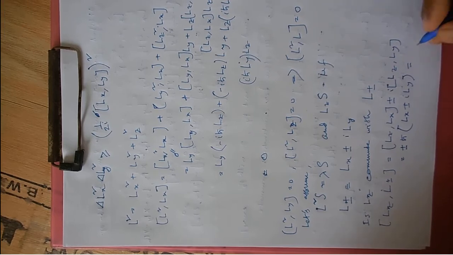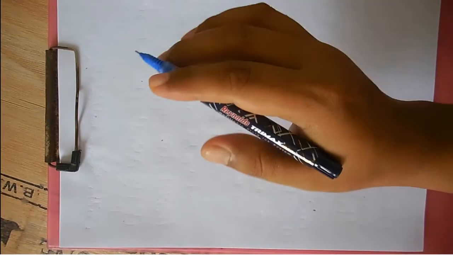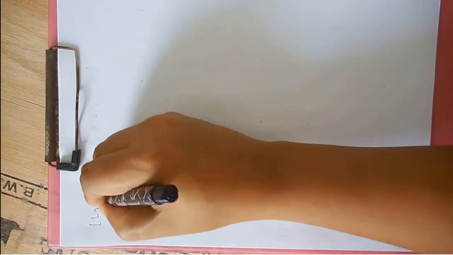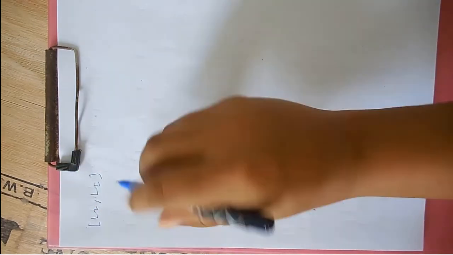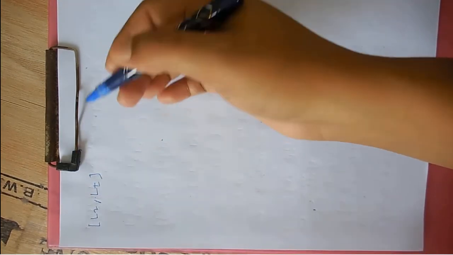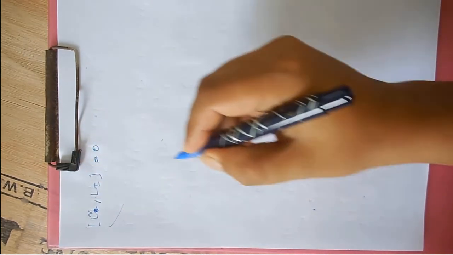So again it is plus minus h-cut L plus minus. We have got it like that. And for L square L plus minus, since L plus minus consists of only Lx and Ly, and Lx and Ly commute with L square, this definitely will give 0.